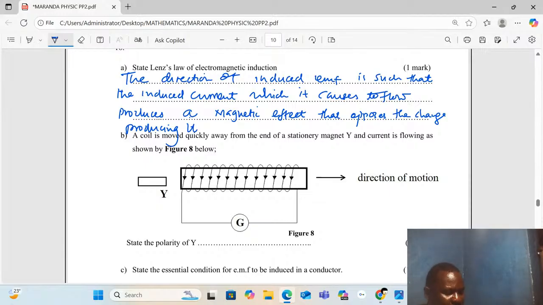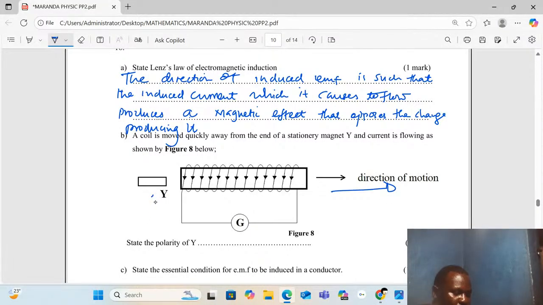Here it is the coil that is moving, but in class we are told when the magnet is moving. So we do expect some changes here. Therefore, this coil is moving in this direction.